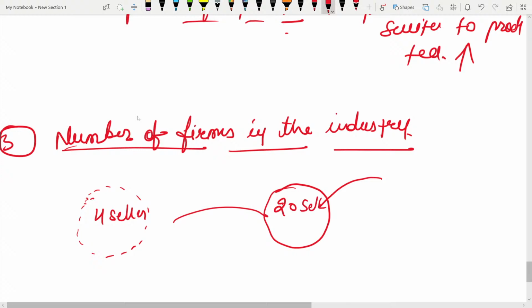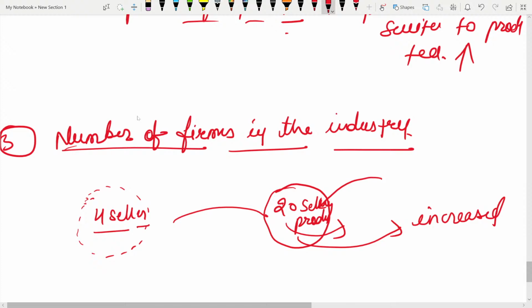So 20 sellers, or we can also say producers. Now what happened? The quantity supplied by producers has increased. So we can say the number of firms also matters for an increase in quantity supplied.